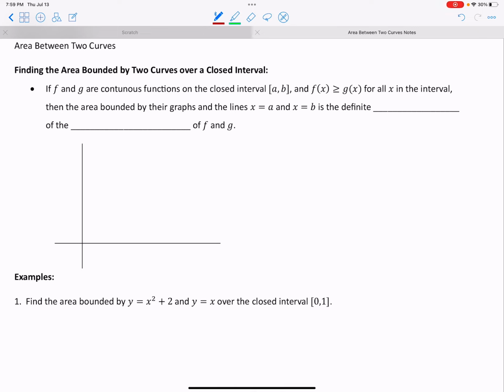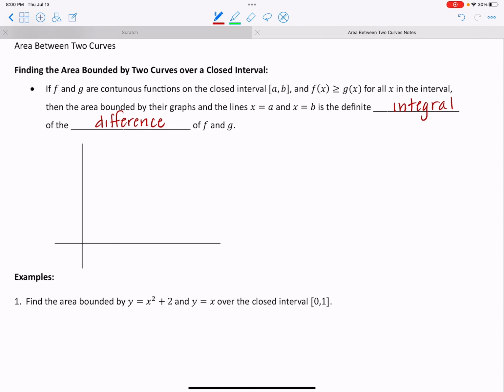So if f and g are continuous functions (that's a typo, I didn't see that one till now) on the closed interval a to b, and f of x is greater than or equal to g of x for all x in the interval, I'll show you what that means in a second, then the area that is bounded by their graphs and the lines x equals a and x equals b, those are just our vertical boundaries, the closed interval, is given by the definite integral. And that definite integral is going to be of the difference of our two functions.